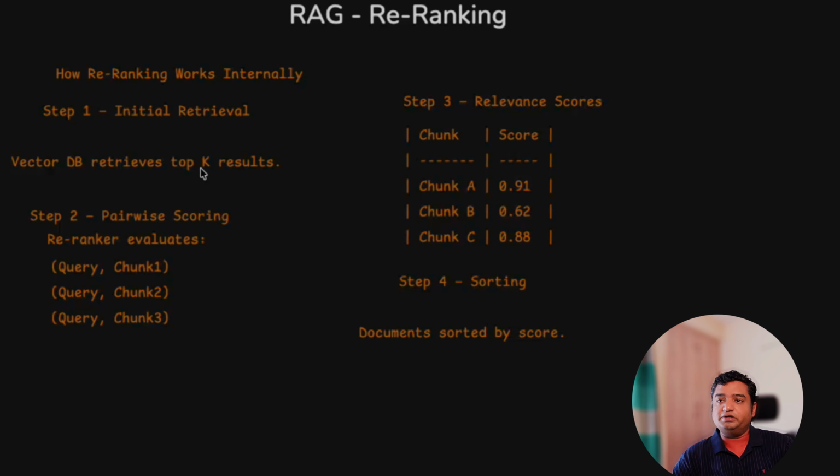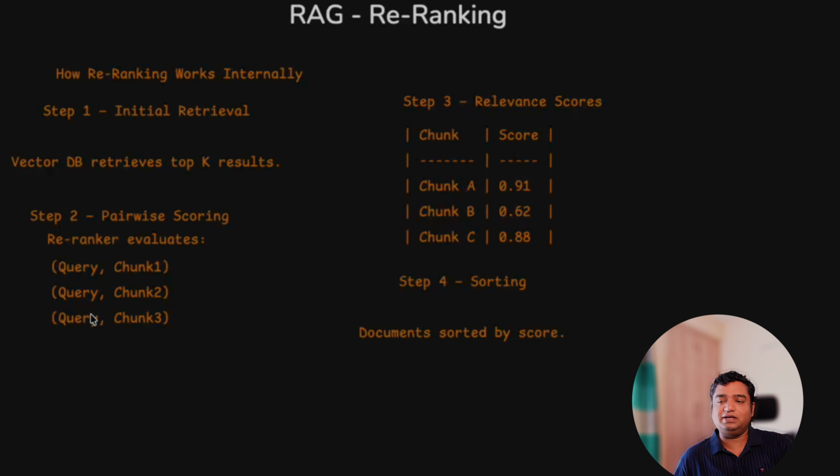From that top k information, we do pairwise scoring. Pairwise scoring means we start doing the re-ranking. So as we have discussed, after the retrieval from the vector database, we try to do the re-ranking. So re-ranking evaluates the query and chunk 1. What happens actually, for example, you have got 3 chunks from the vector DB retrieval.